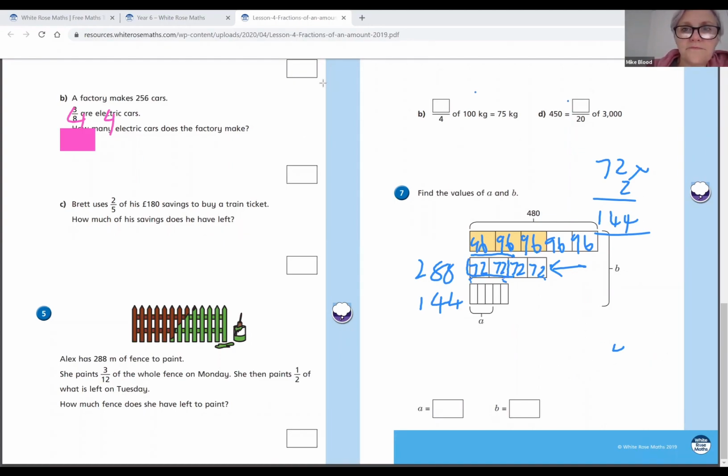So 28.8 times 3. 8 3s are 24. Hello, decimal point. Add the 2 is 26. 2 3s are 6. Add the 2 is 8. So this bit here for A is 86.4. Okay.